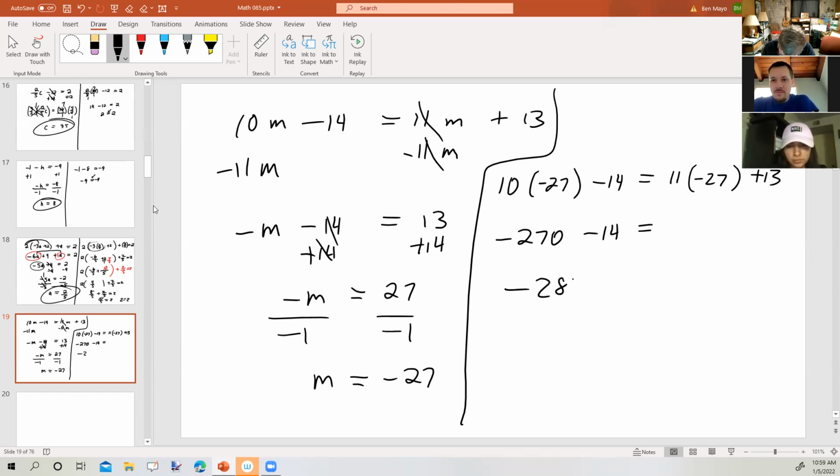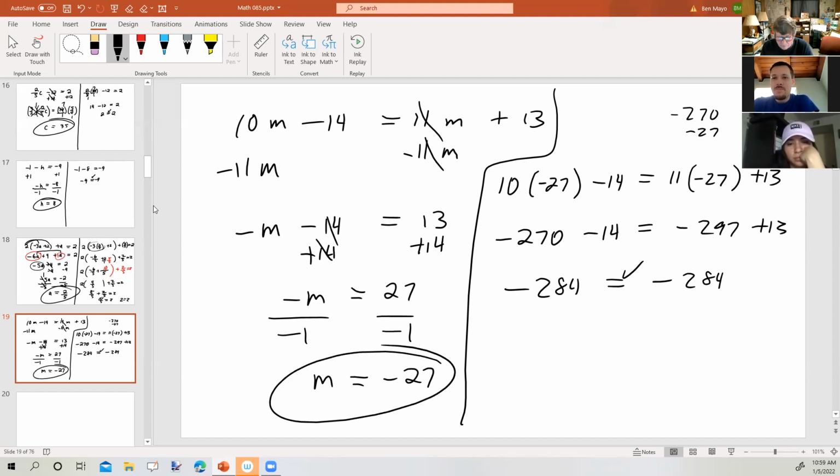Negative 284. Okay. 11 times negative 27, let's see, that would be negative 270 and negative 27, negative 297. Okay. And negative 297 plus 13 would be negative 284. It checks, and we're correct.